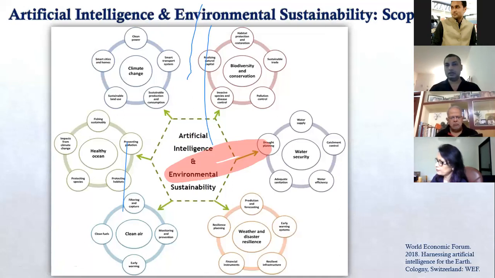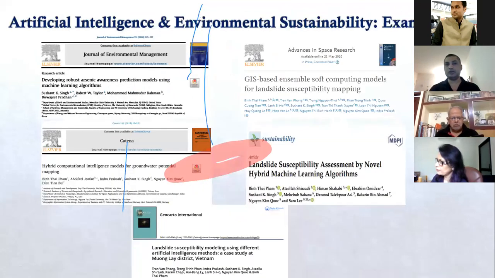So, some of the examples here. The presentation we just did is based on this publication that I did in 2018, and it was published in the Journal of Environmental Management. Later, I started collaborating with various scientists across the world, and we developed one hybrid model for groundwater potential mapping.